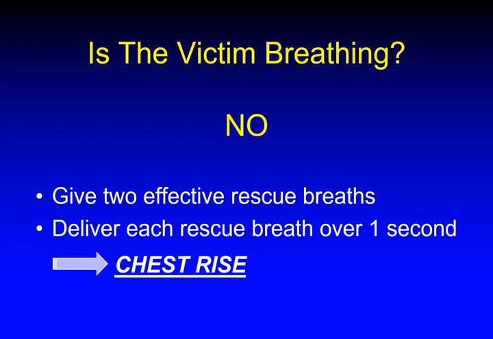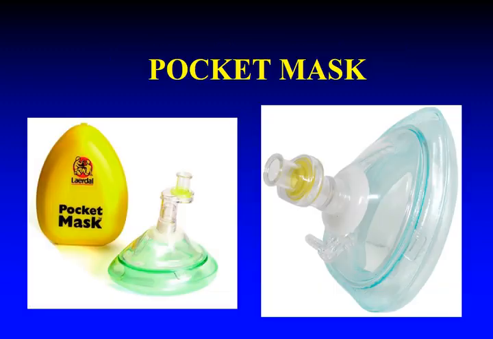But if no breathing, give 2 effective rescue breaths. Deliver each rescue breath over 1 second and chest rise must occur. The rescue breath is given either by pocket mask or mouth to mouth.